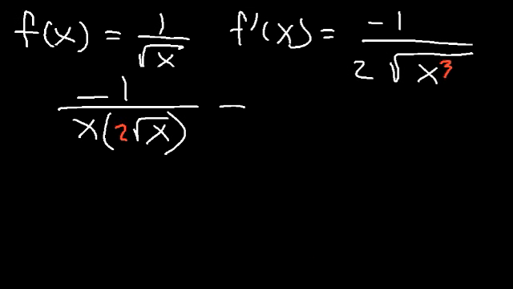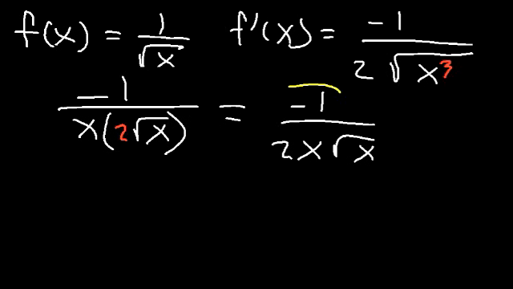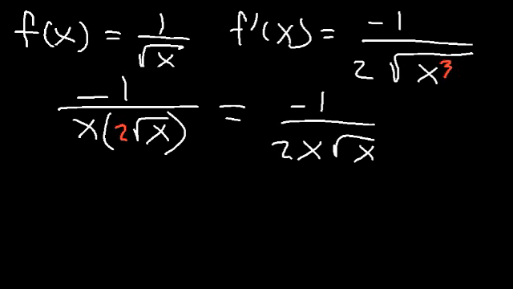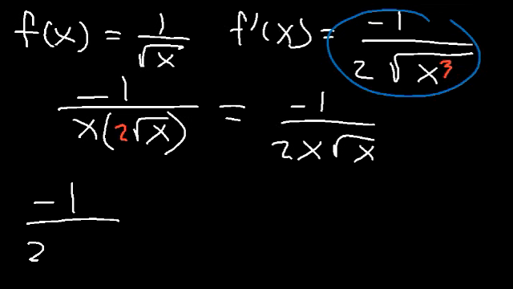So we can leave the answer as negative 1 over 2x root x. But I want to help you to see that these two are the same. So let's start with this one. Negative 1 over 2 square root x cubed.